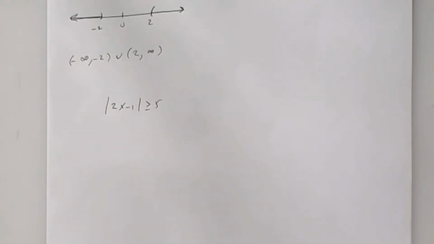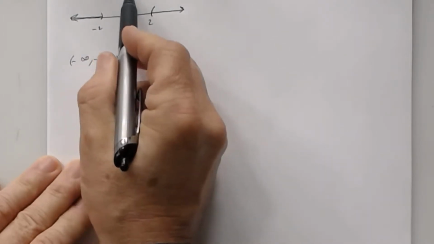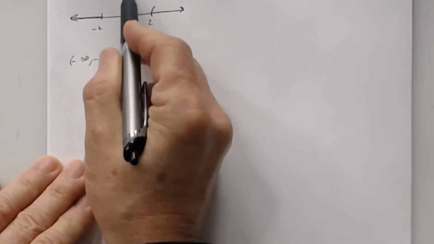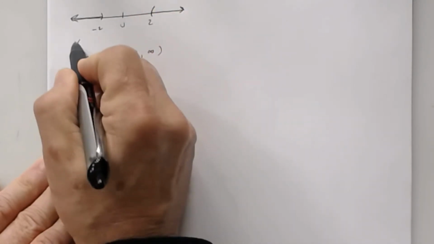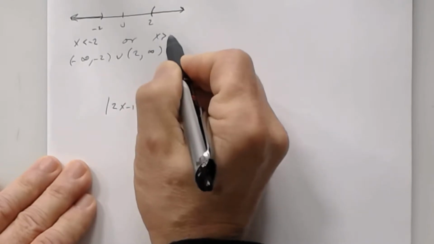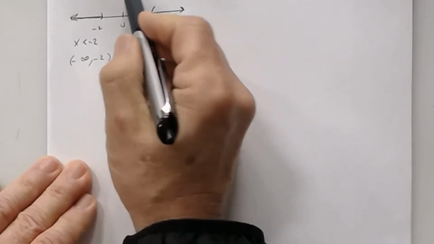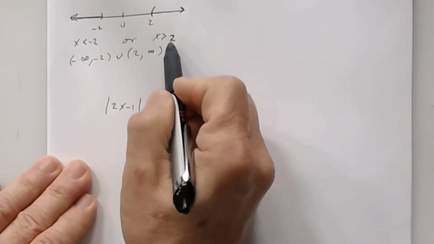The absolute value bars have to be by themselves. So the way we did this was that the expression on the inside is this right here. For this part, x is less than -2, or x is greater than what? 2.